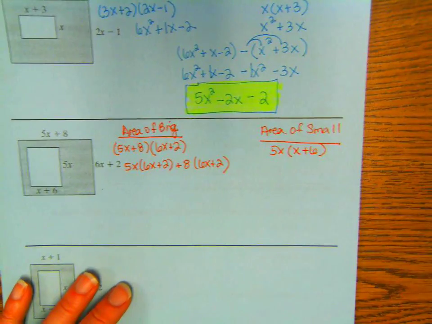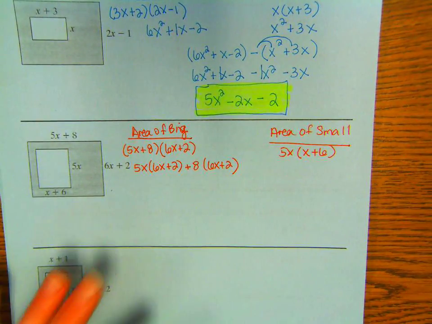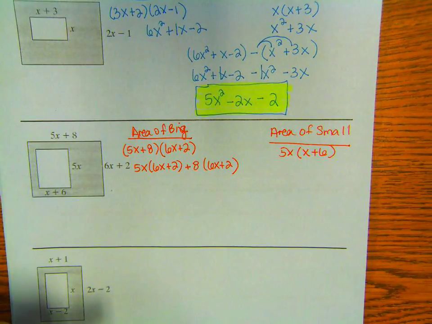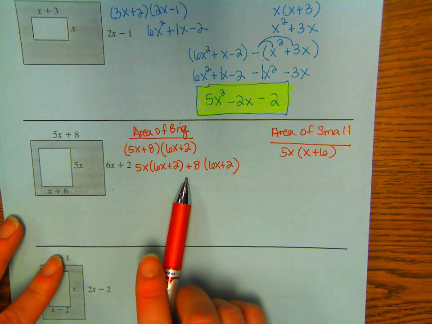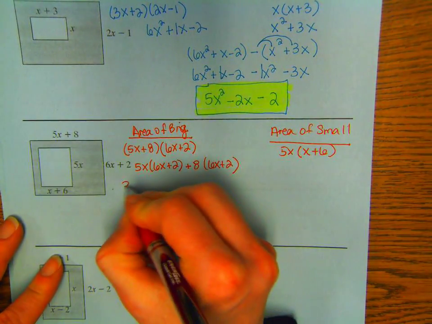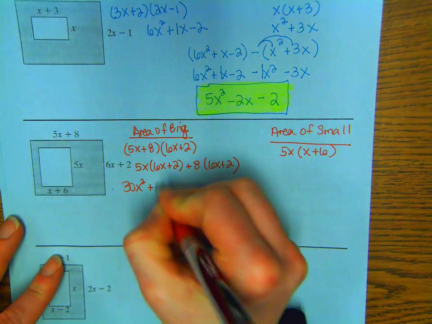Alright, so what I get though is a 30x squared plus 10x plus 48x, because remember I got to distribute that, plus 16.